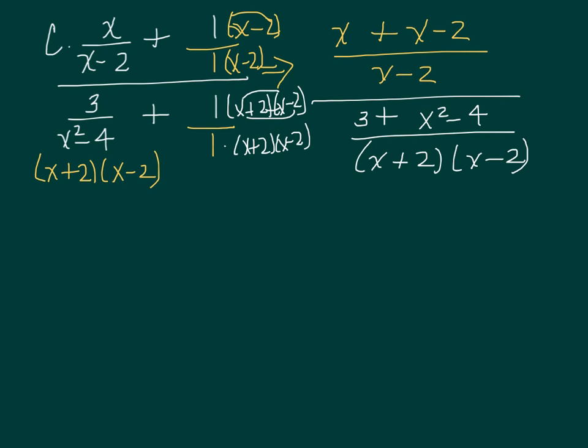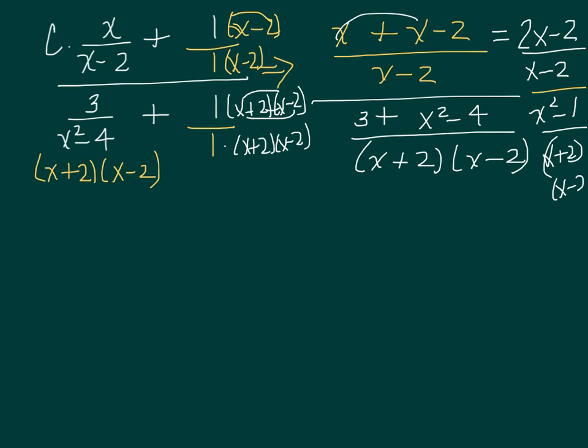Alright, so we can combine. That'll be 2x minus 2 over x minus 2 divided by x squared minus 1 over x plus 2, x minus 2. So let's write it over here like a division problem. Divided by.